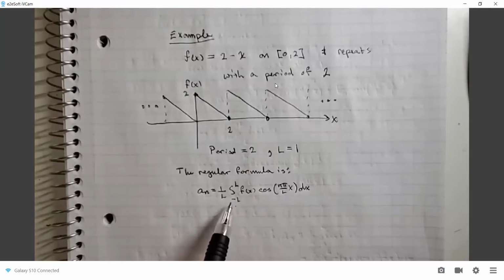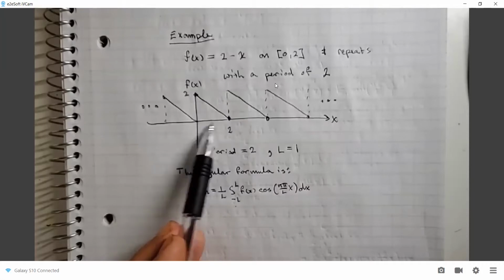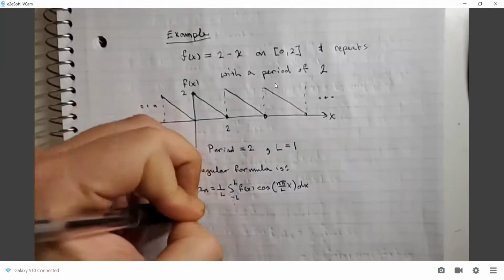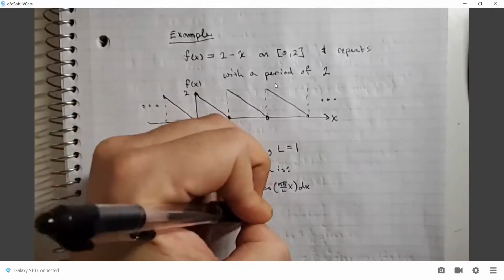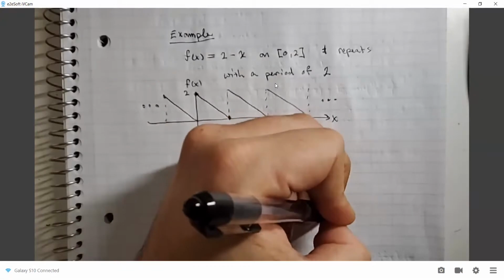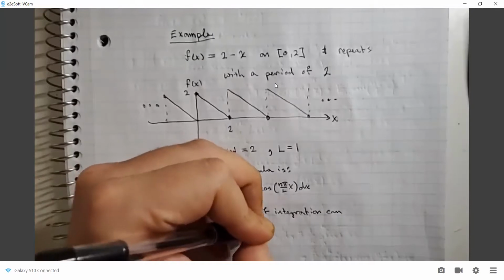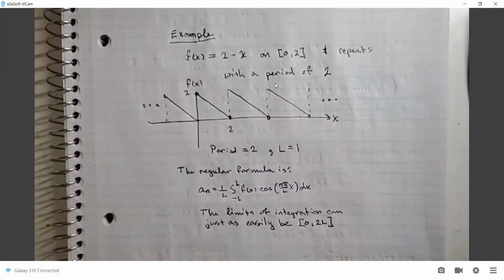For symmetry purposes, a lot of times we like to do minus L to L, but in this case there isn't any symmetry. And if I do 1 period from 0 to 2L, that would be better. Does that make sense? So the limits of integration can just as easily be 0 to 2L, and then we just leave everything else in the formula the same.